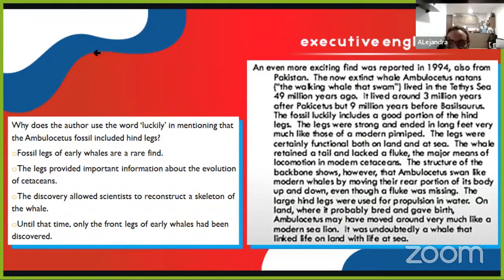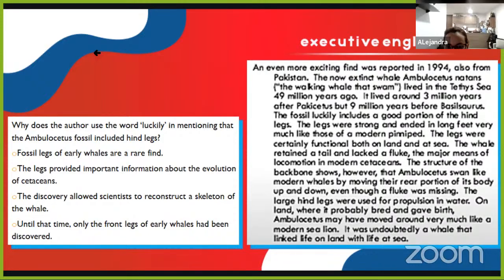An even more exciting find was reported in 1994, also from Pakistan. The now extinct whale Ambulocetus natans, the walking whale that swam, lived in the Deadly Seas 49 million years ago. It lived around 3 million years after Pakicetus, but 9 million years before Basilosaurus.